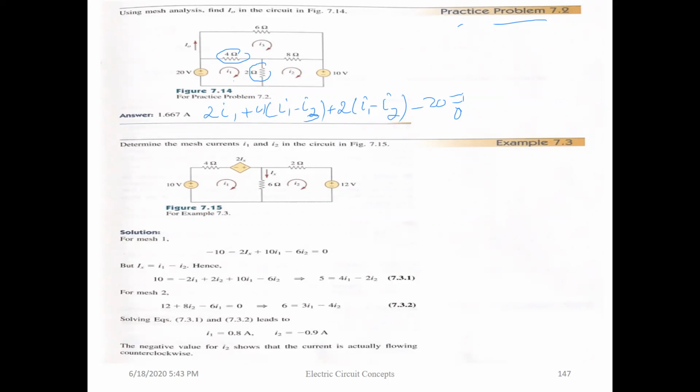Okay, so I made a mistake here. I shouldn't have this one here, since I'm using this technique. So I have 4 and 2, so it will be 6 I1, and then minus 2 I2 and minus 4 I3 equals to 20. Okay, so this is equation number 1 for mesh number 1.